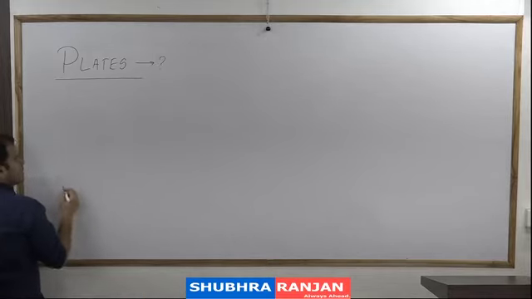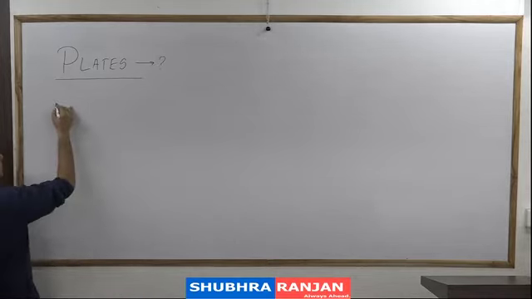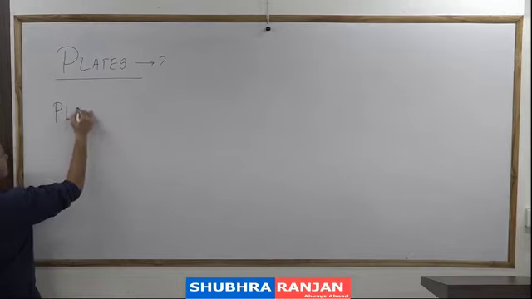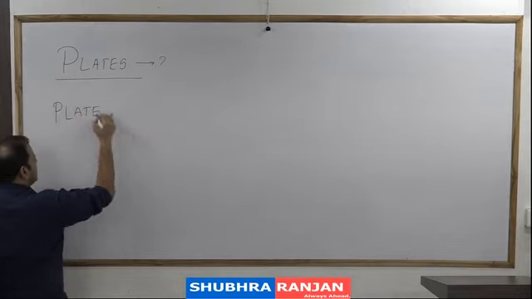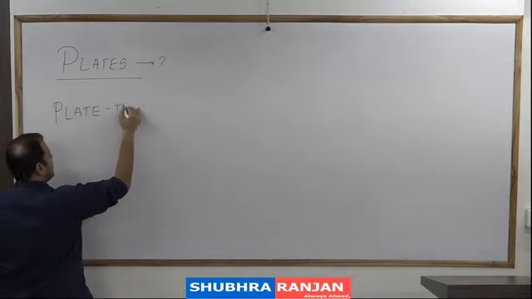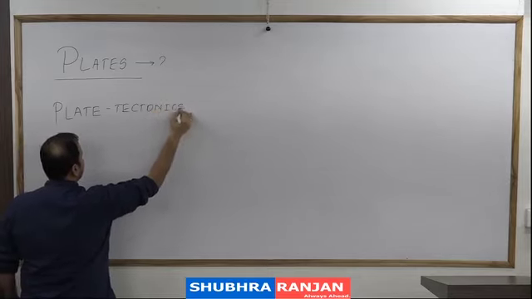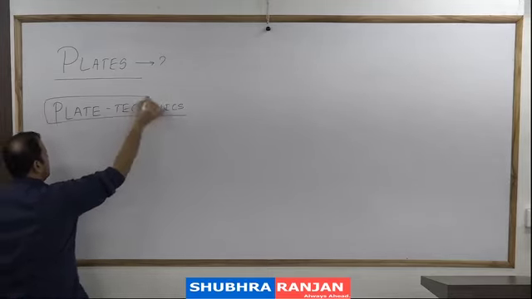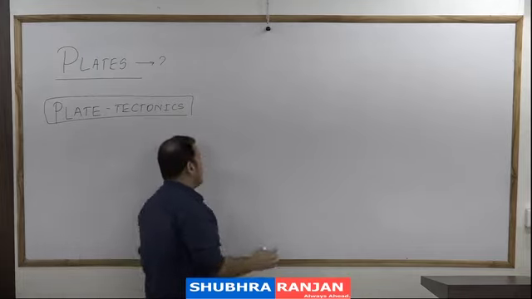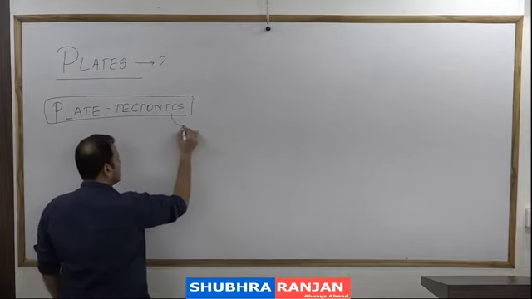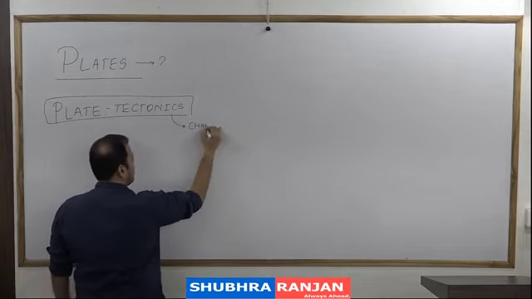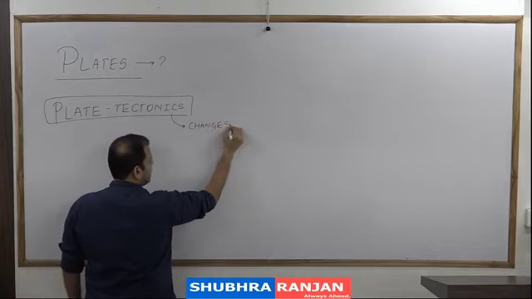And what happens when the plates are moving? When the plates are moving, there are changes that occur in the plates, and therefore the theory is known as plate tectonics. Tectonics is the changes or deformation that occur in the plates due to the movement.